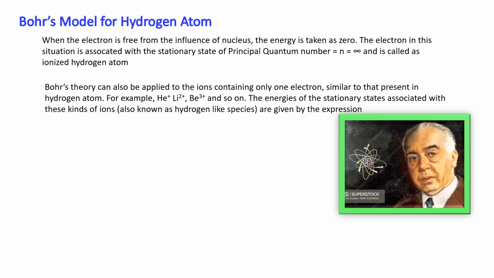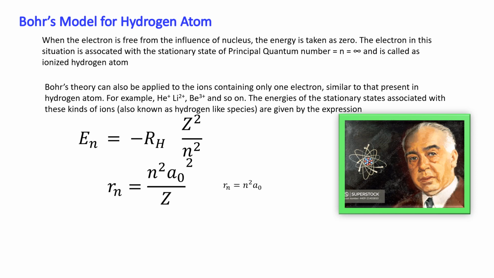After that, he made the formula for one electron systems of other atoms like helium plus, lithium 2 plus, beryllium 3 plus, etc. The formula is En is equal to minus RH into Z square divided by n square, and Rn is equal to n square into A0 by Z, where Z is the atomic number.